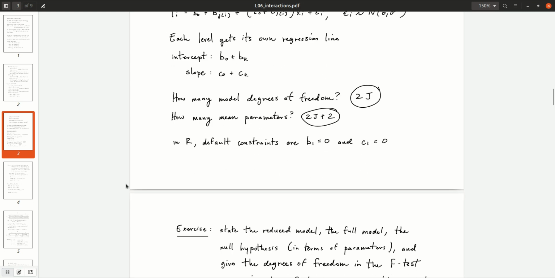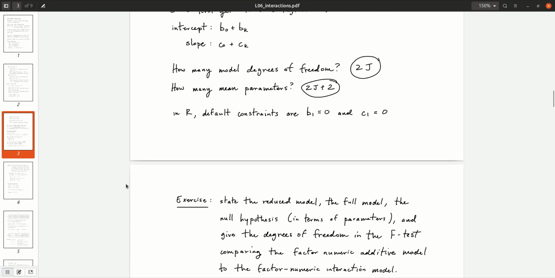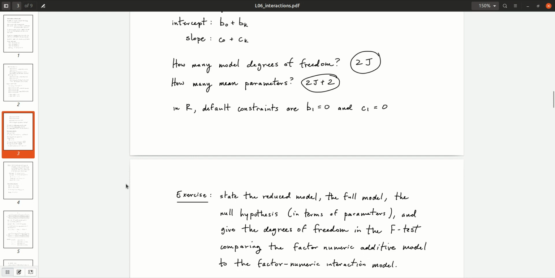So given this information, as an exercise, what I'd like you to do here is pause the video and try to complete this exercise. State the reduced model, the full model, the null hypothesis in terms of parameters, and give the degrees of freedom in the F-test that compares the factor-numeric additive model to the factor-numeric interaction model.